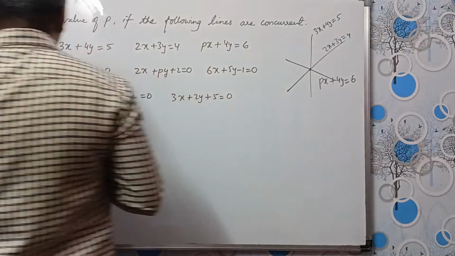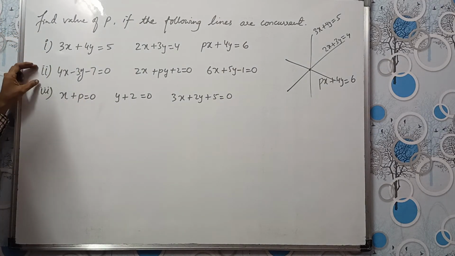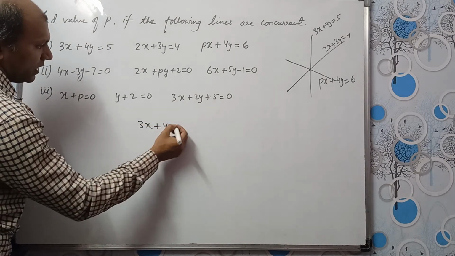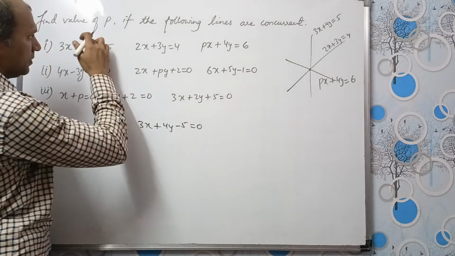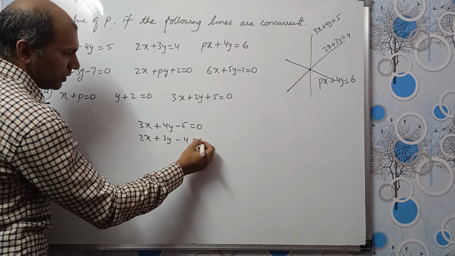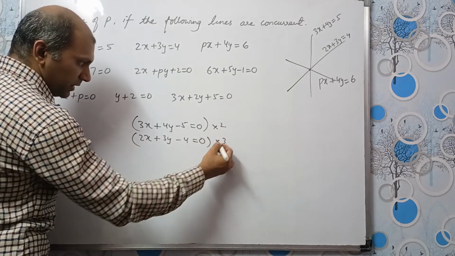Let us do that. I'm going to do the first problem. You please try the second and the third ones. So 3x plus 4y minus 5 is equal to 0. This 5 I am writing this side. 2x plus 3y minus 4 equal to 0. Let us multiply this equation with 2 and this equation with 3.